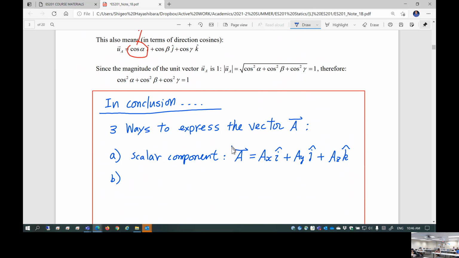This is one way of expressing the vector quantity A.